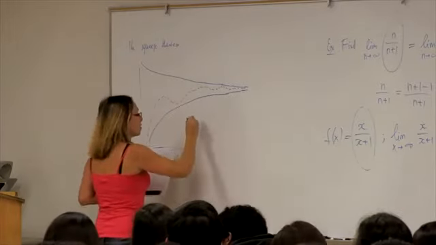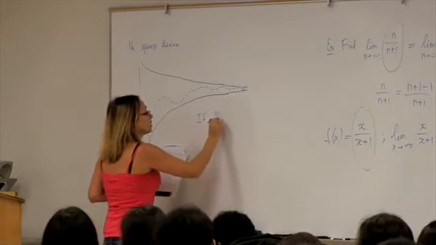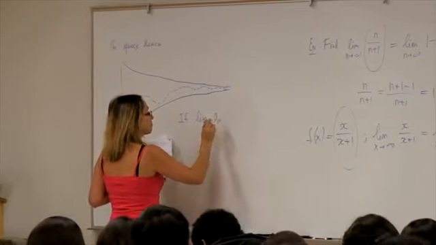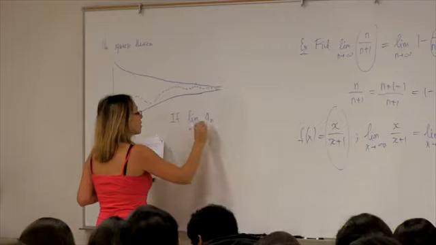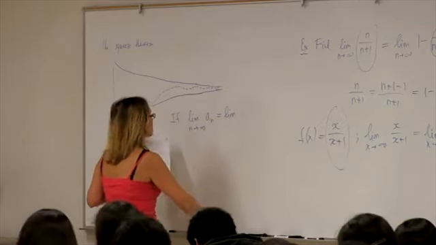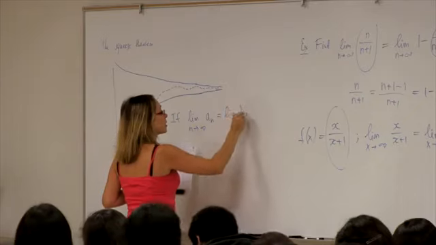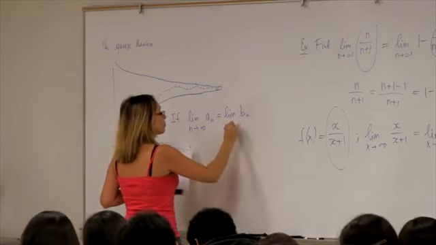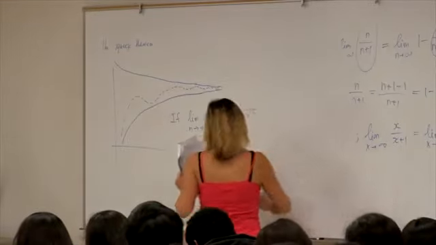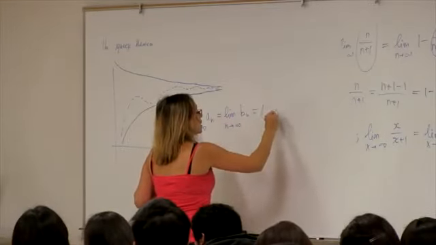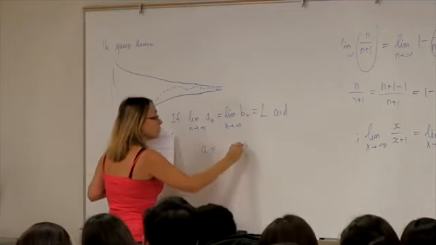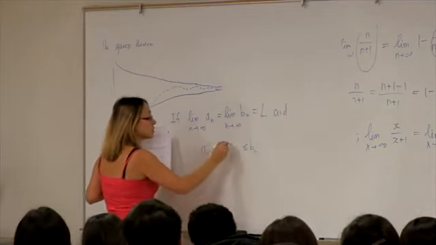So if the limit of a_n and the limit of b_n, so these are the two policemen, a_n and b_n, is equal to L, and a_n and b_n surround c_n.